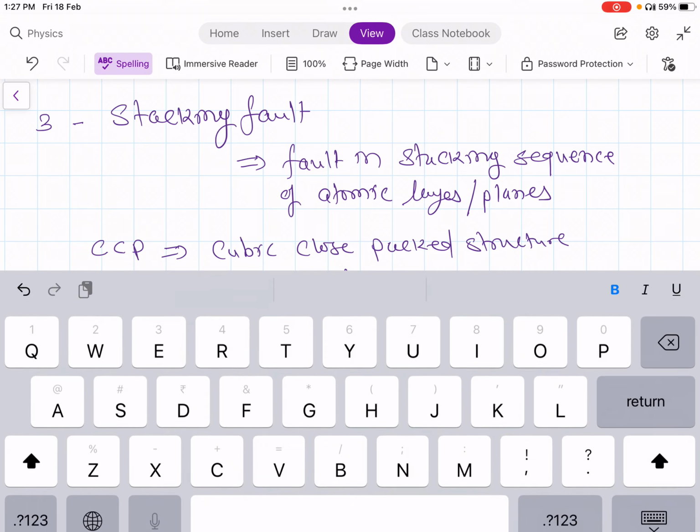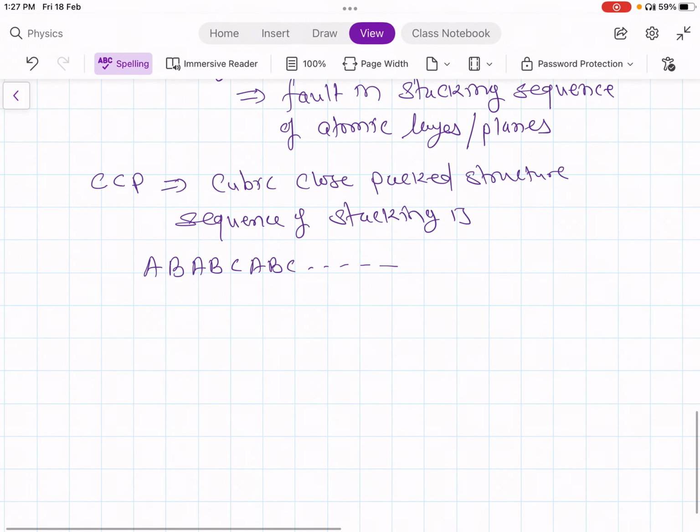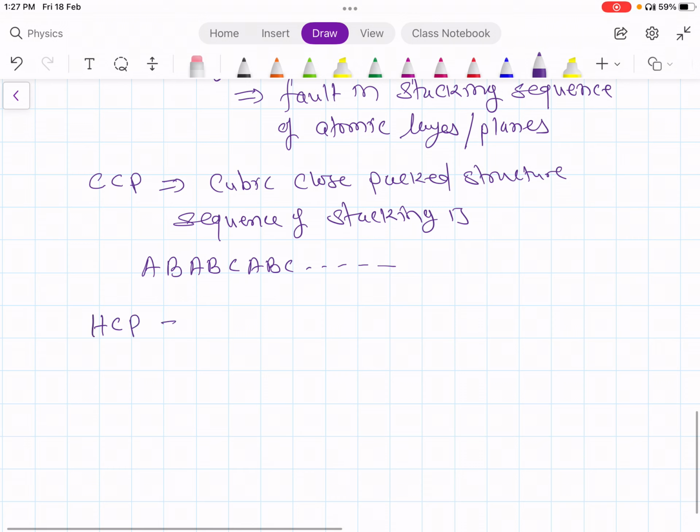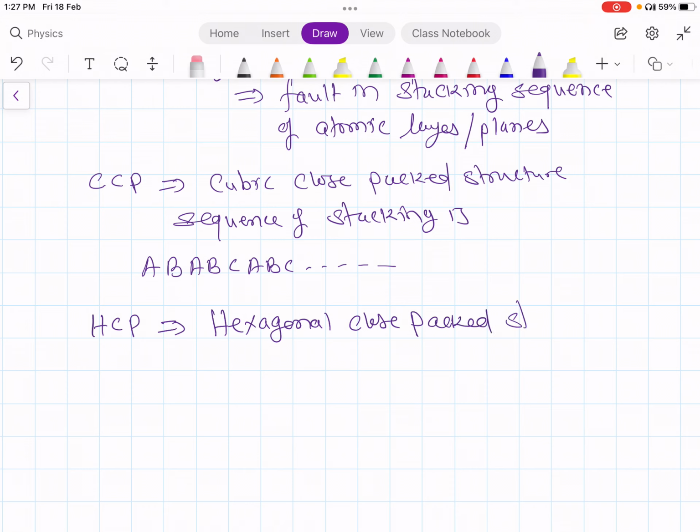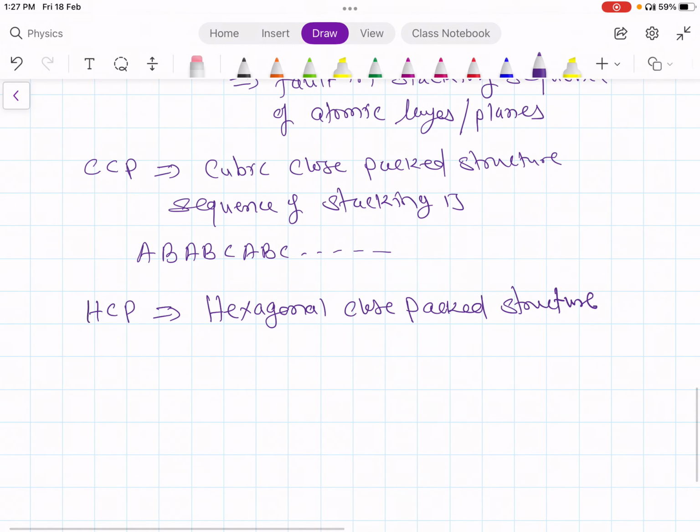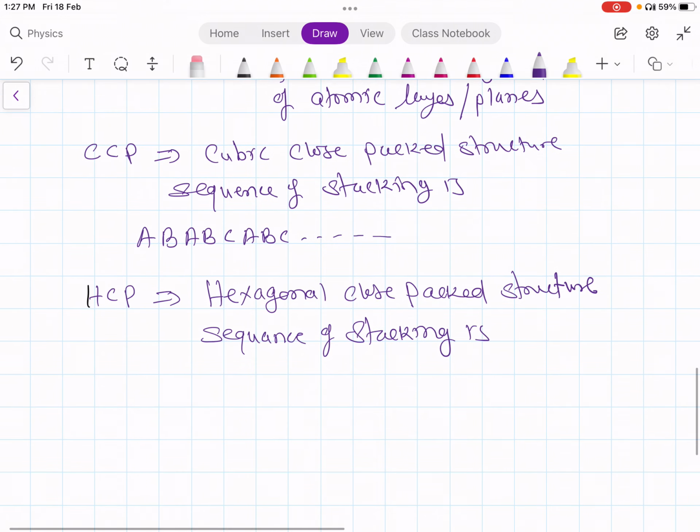In case of HCP, HCP means hexagonal close packed structure, and in this case, the sequence of stacking is AB, AB, and so on.